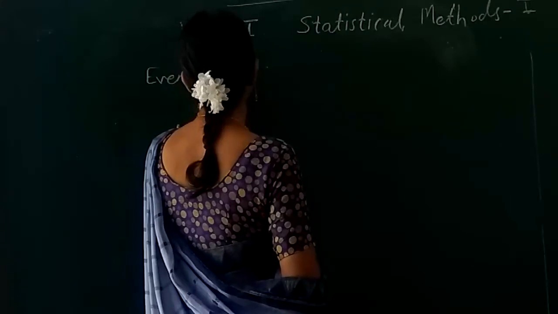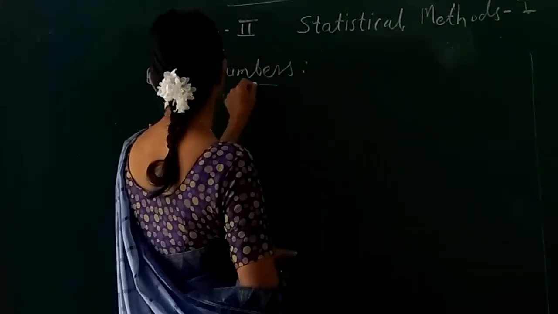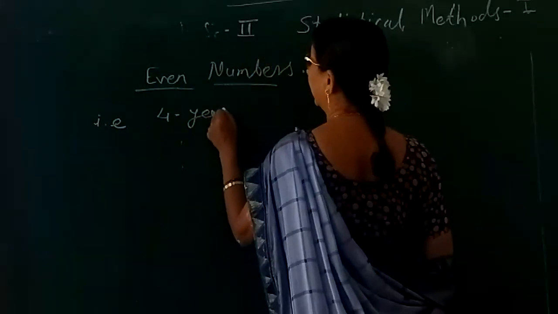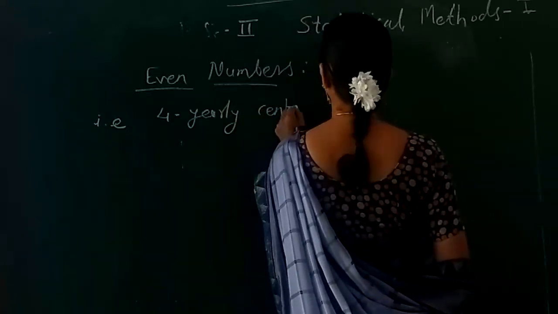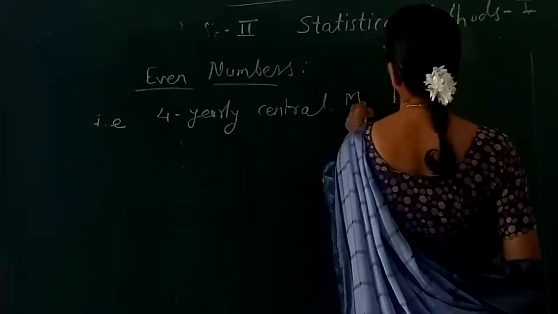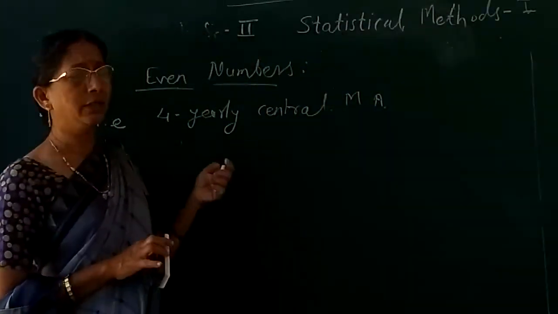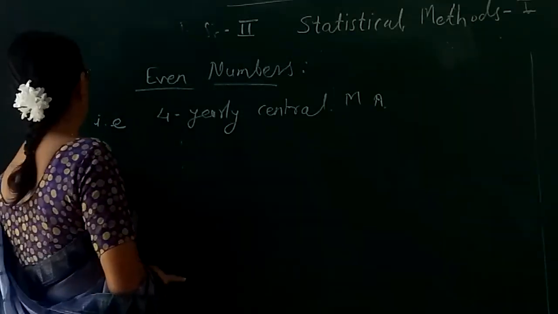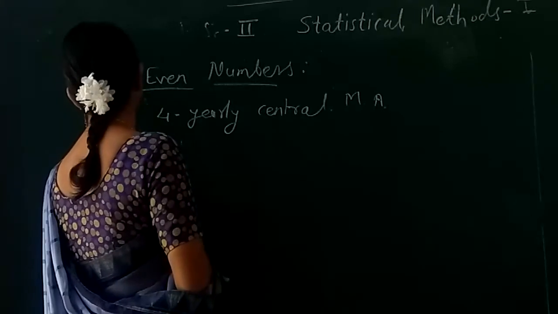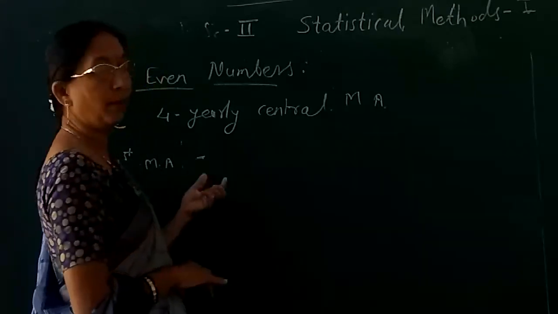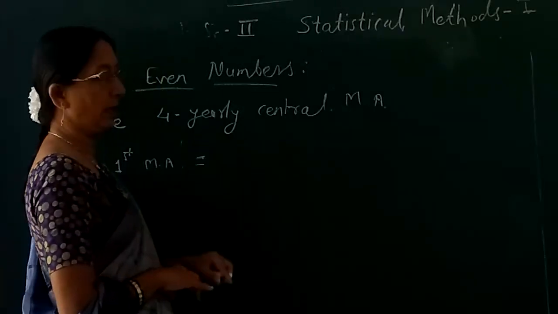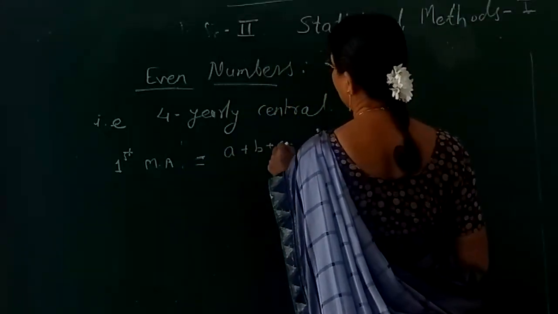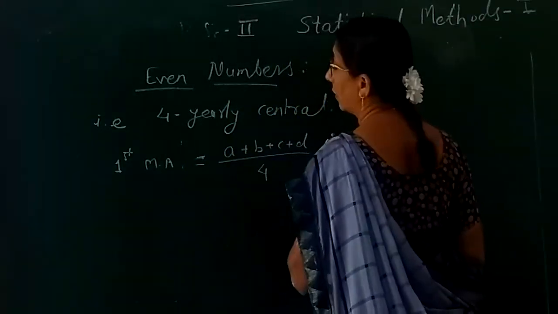Even number, that is 4 yearly central moving average. Now see how to calculate 4 yearly central moving average. The formula for the first 4 yearly moving average is A plus B plus C plus D by 4.